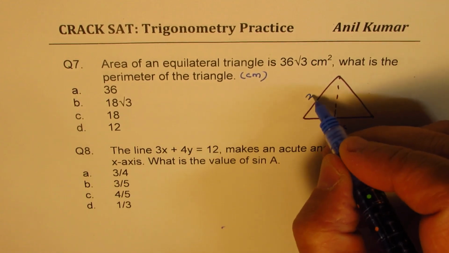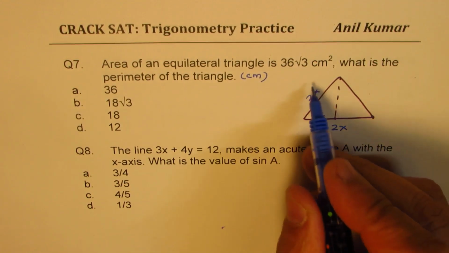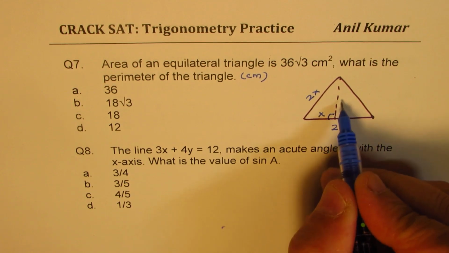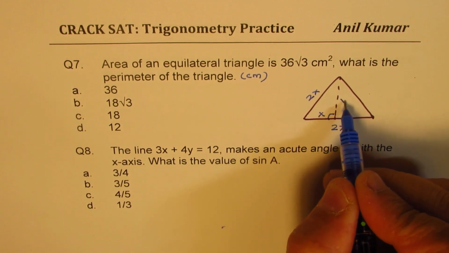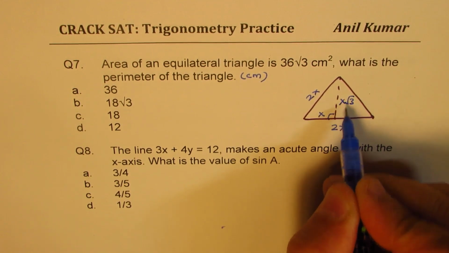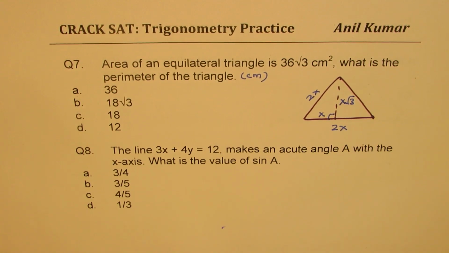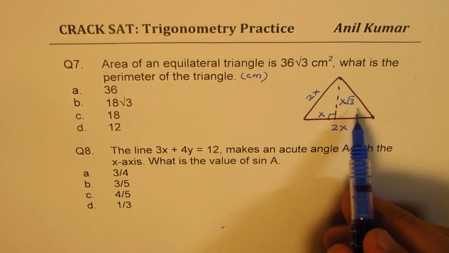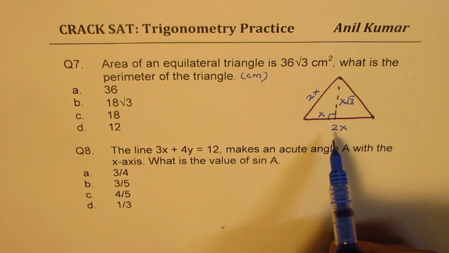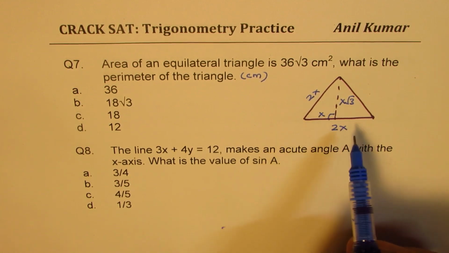Each side is 2x, and for 30, 60, 90 the height should be x times square root 3. That becomes the height of this triangle. That is the general ratio of any given equilateral triangle for the sides.